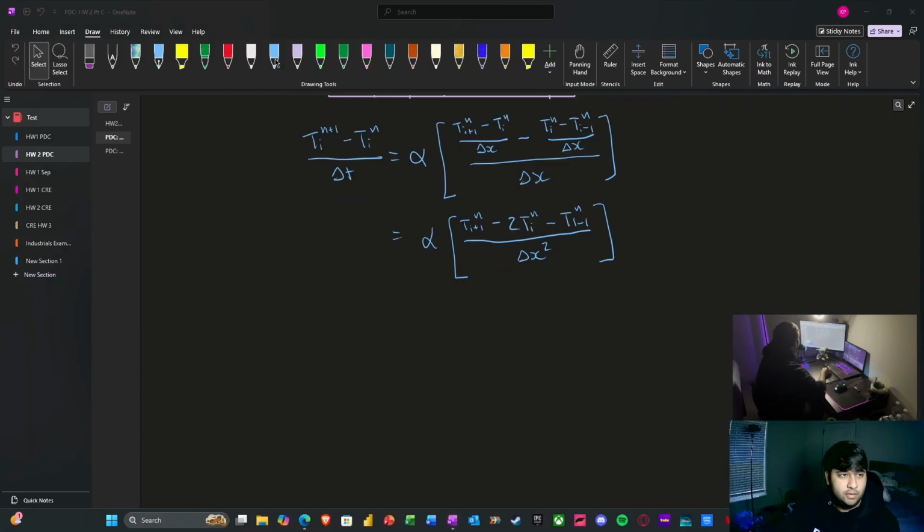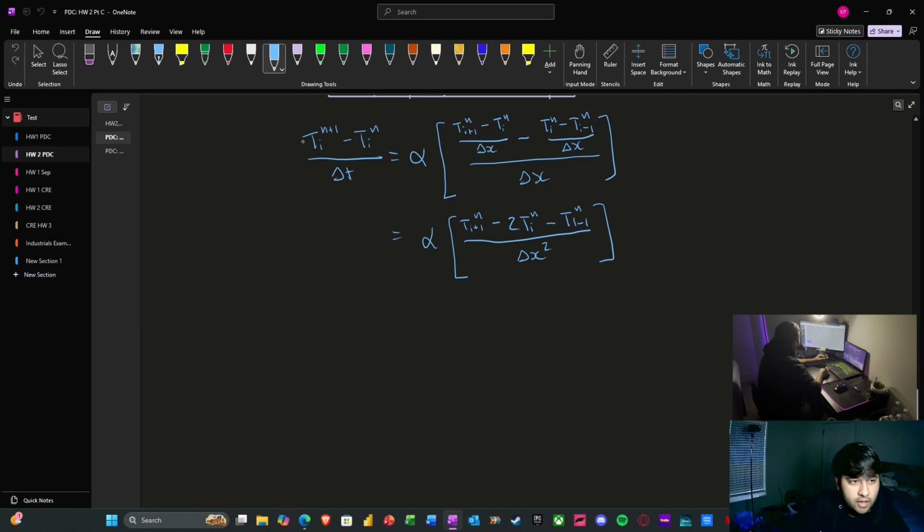So from here, what we're going to do is we're just going to try and get our Ti n plus 1 value alone. That's what we're going to be looking for. So we're going to have Ti n plus 1 minus Ti n, and then we're going to move our delta t over.